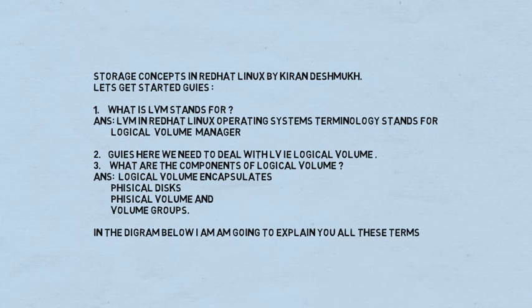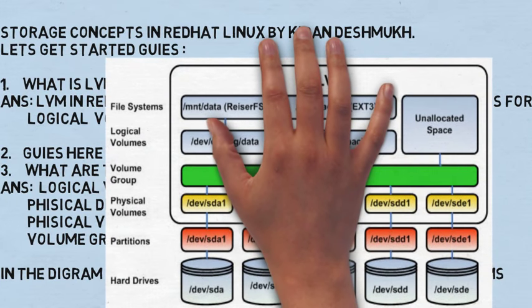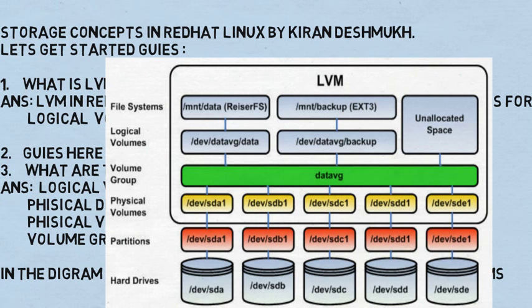So here our diagram comes. We'll be explaining with the help of the diagram. In the diagram shown on the board, the first layer below the LV, that is the logical volume, is hard drives, that is hard disks, SDA, SDB and so on.